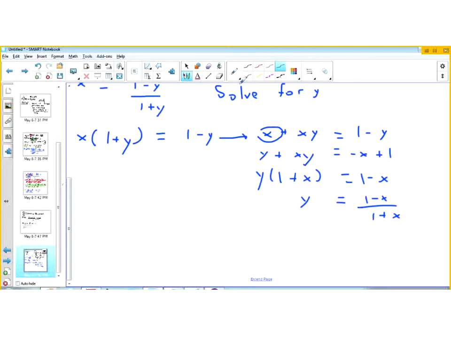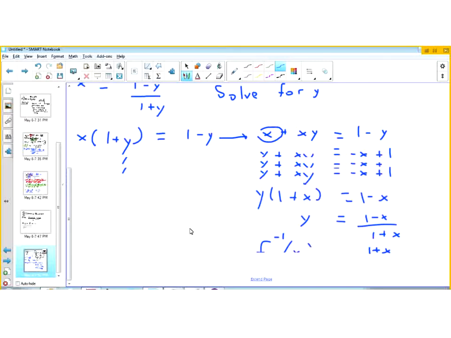Now this is kind of a quirky function, isn't it? Before I make my comment, one last step. Once you solve for y, replace y with the inverse notation. So f inverse of x is equal to 1 minus x over 1 plus x. Now this symbol right here is not the reciprocal of f of x. This symbol actually means the inverse of f of x.